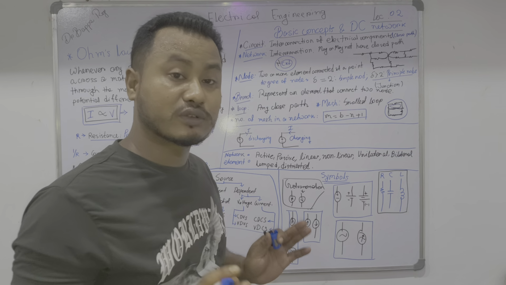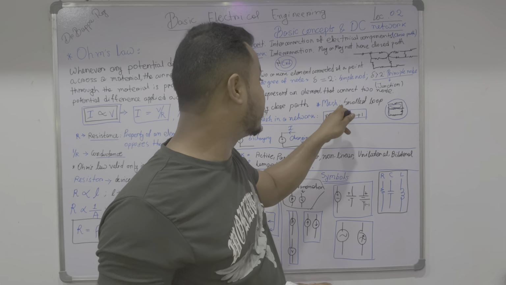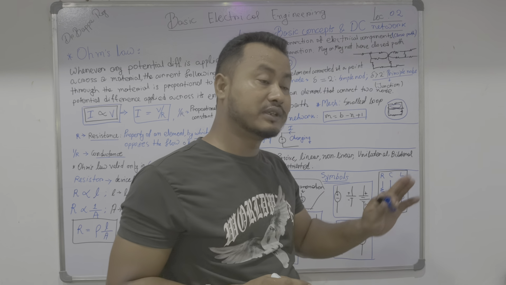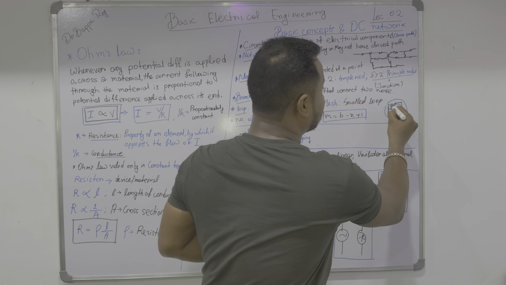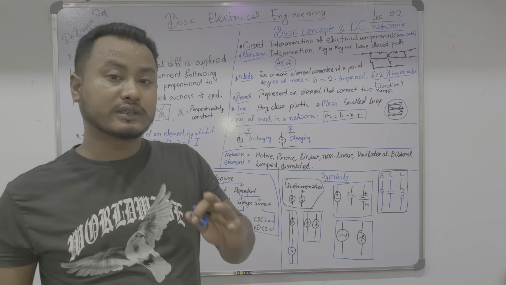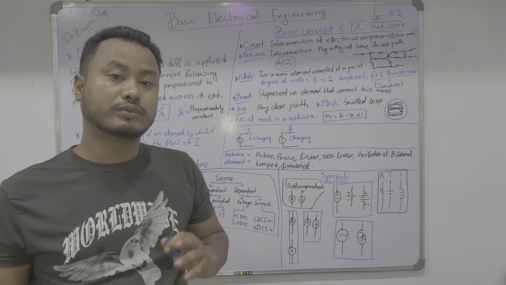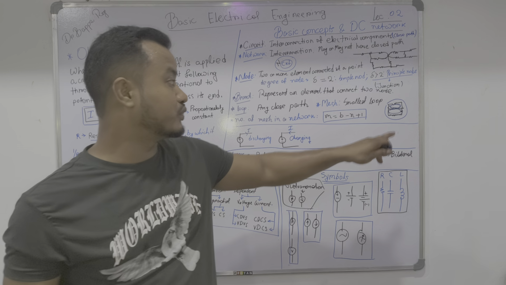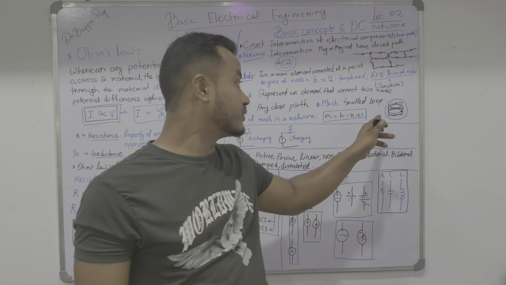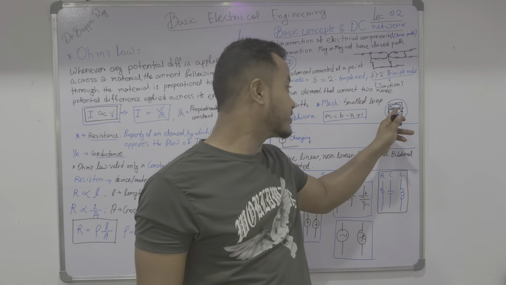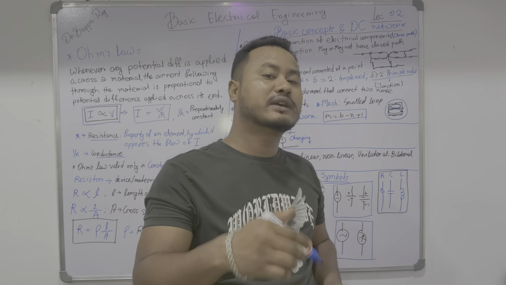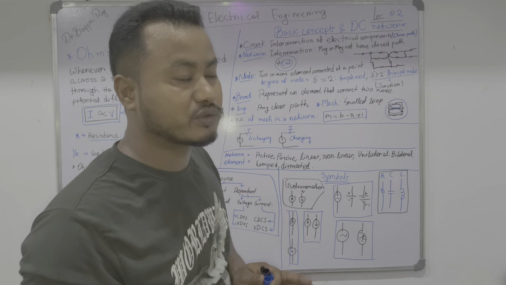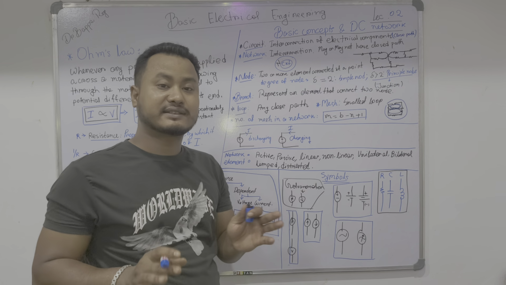All of these we can call loops, but a mesh is the smallest loop in a network. We can see here two small loops under which no more loop is present. So we have two meshes here, and we can call them meshes.